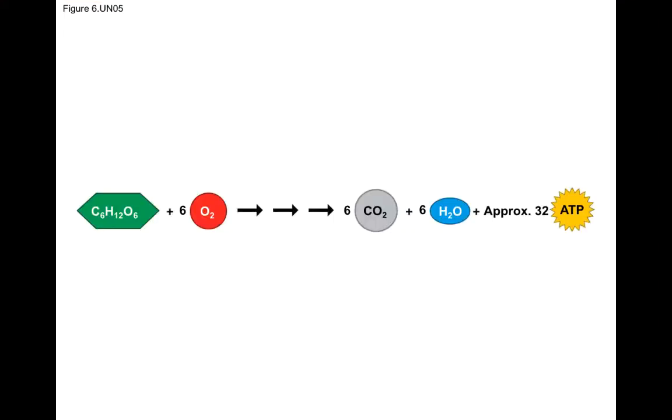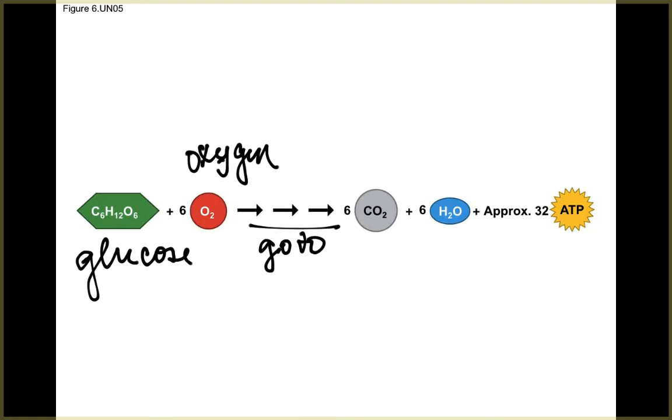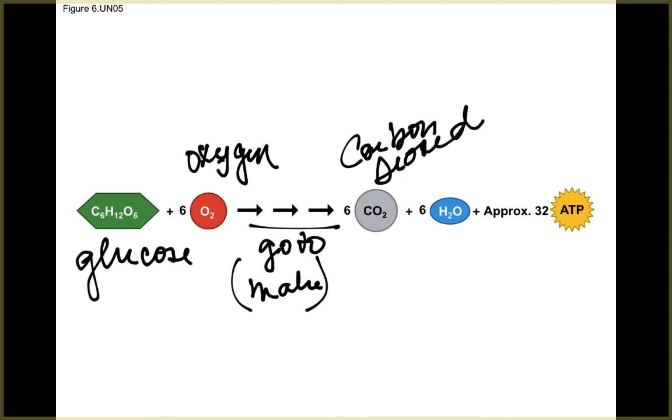And so what's happening is this is a reaction again. So you have glucose here, right? Plus your 6 oxygen that will make 6 carbon dioxides, 6 waters, and this is an approximate, right?